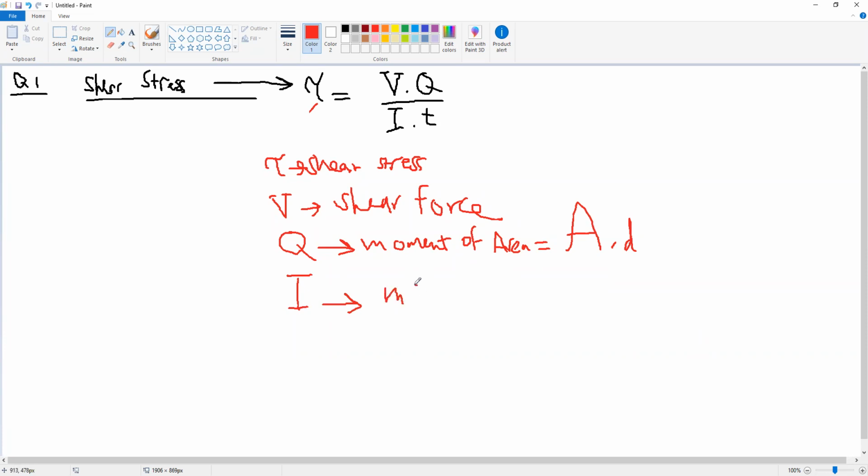And T is the thickness of the section we study.